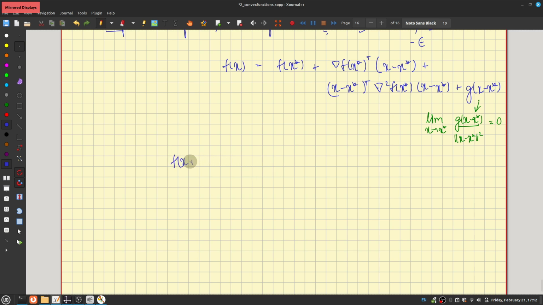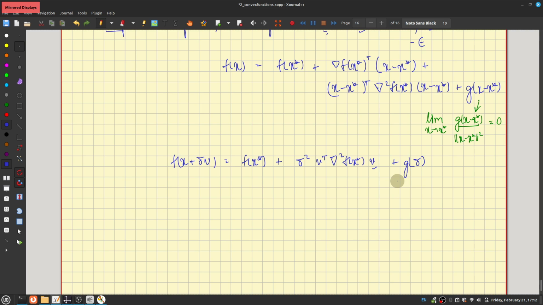So f of x star plus delta times v is nothing but f of x star. Now we assume that the gradient is equal to 0, so the second term is 0, plus x minus x star is just delta v. So this would just give me delta square times v transpose Hessian v plus g of delta.